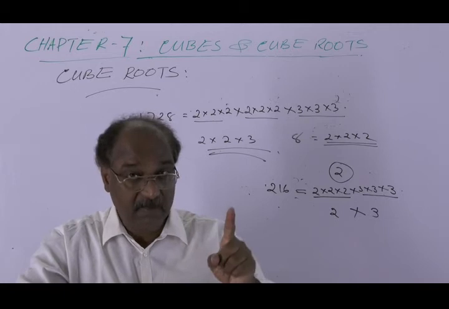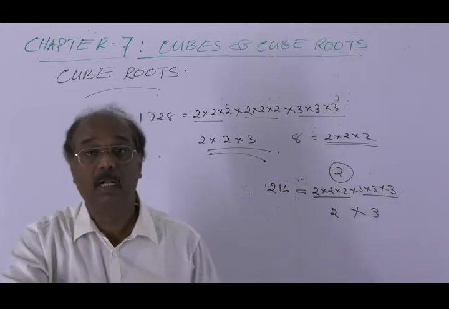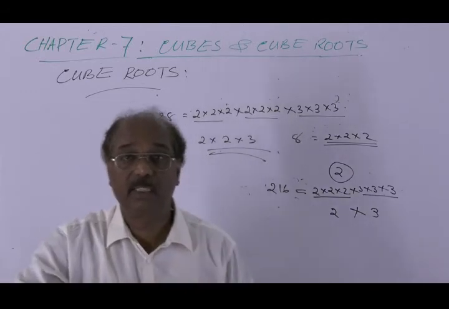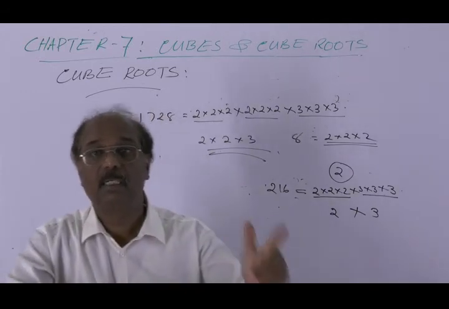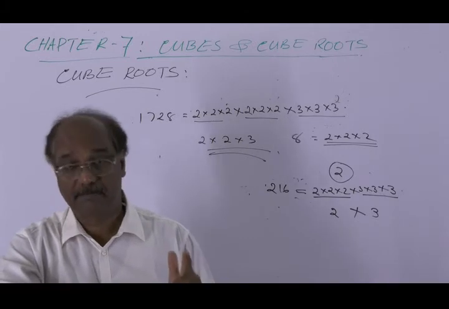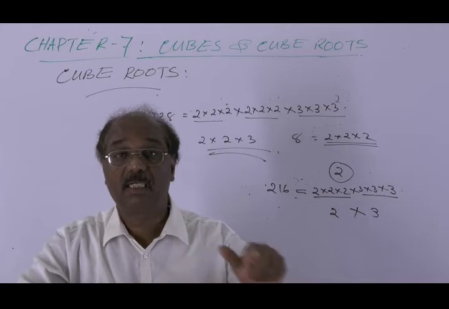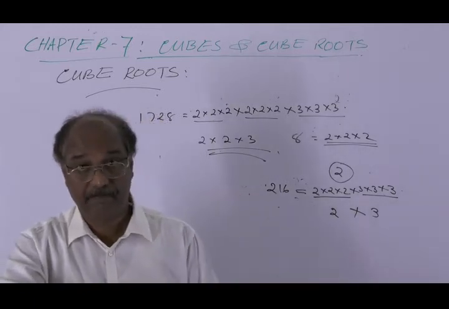Find one number from each triple and find the product of all these. We will get the required cube root. That is the method.